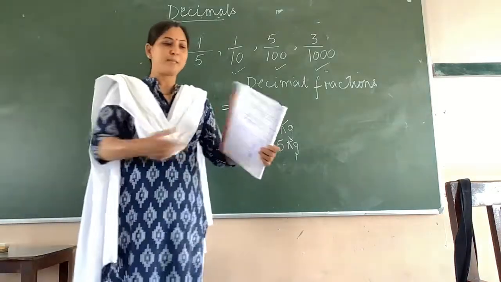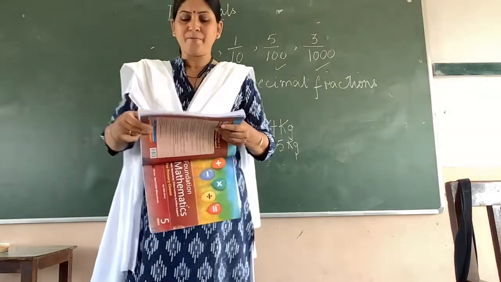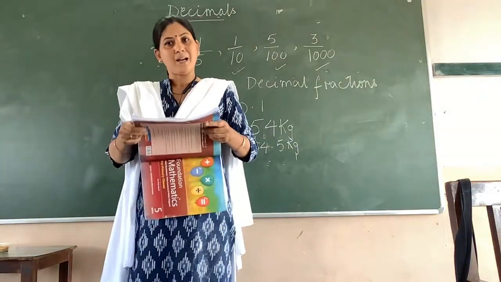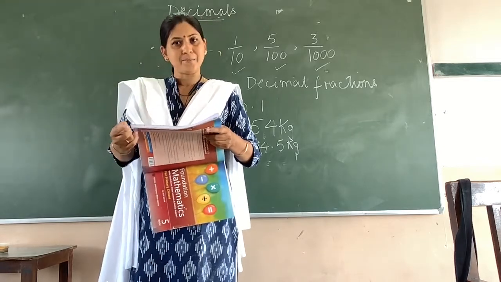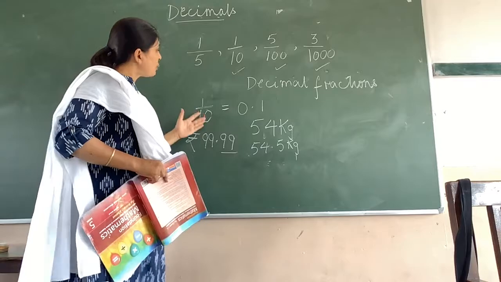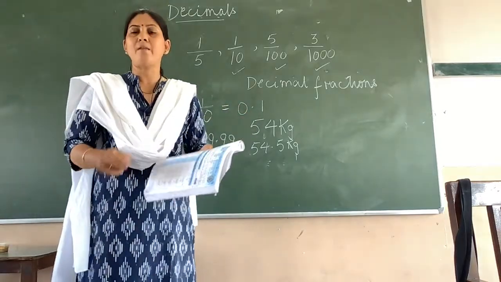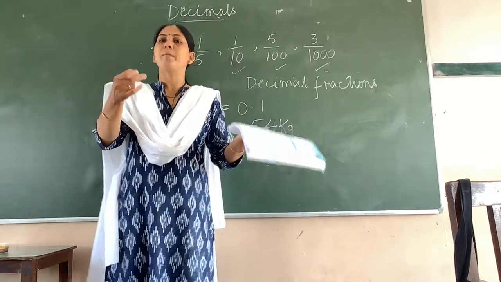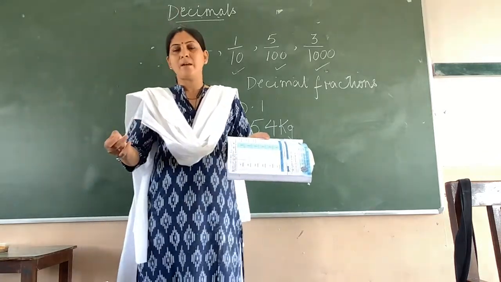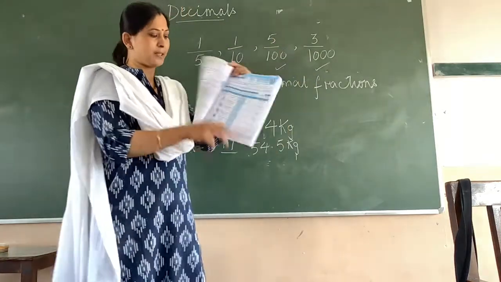When we measure the length of this book using a ruler, again you might get the length in decimals. Whether we are measuring length, weighing ourselves or buying something, everywhere we see decimals.